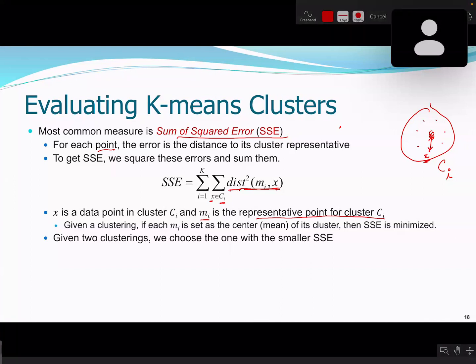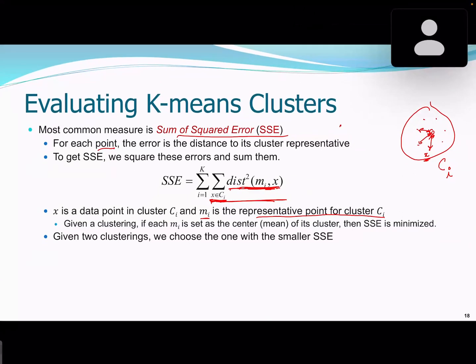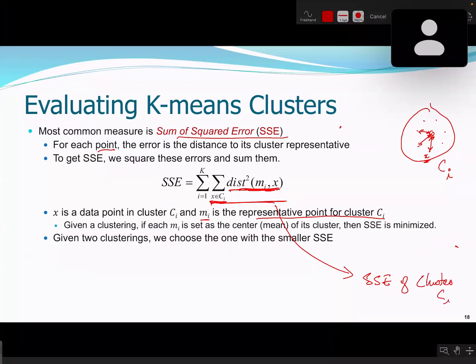So we measure this distance, square it, and sum it up for all of the points within the cluster. We find this distance, this distance, etc., square all of them, sum them all up, and this term gives us the SSE of cluster Ci.